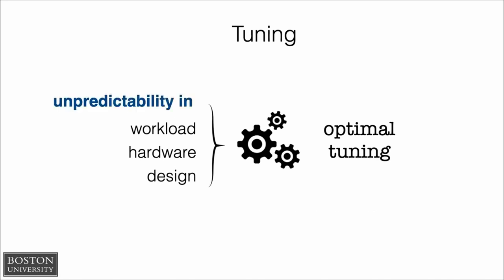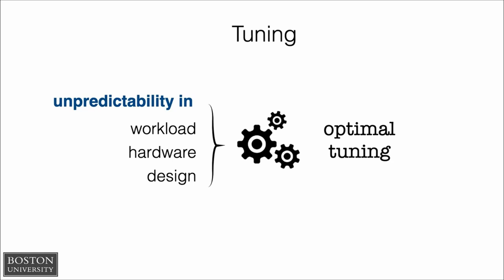What if there is unpredictability in the workload? What if I expect a workload W, but what comes to me is something around a sphere, let's say a hypersphere, around W, right? Is my tuning going to be optimal anymore?